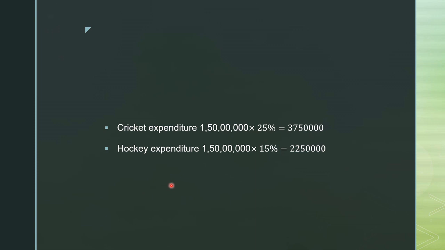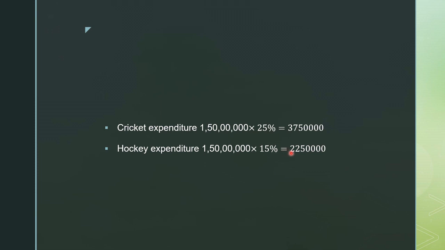So how can we calculate? Cricket expenditure is 25%. So 1 crore 50 lakh into 25%, that is equal to what we get? 37.5 lakh. And the hockey expenditure is 1 crore 50 lakh into 15%.